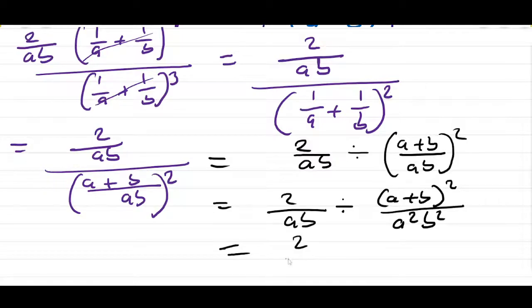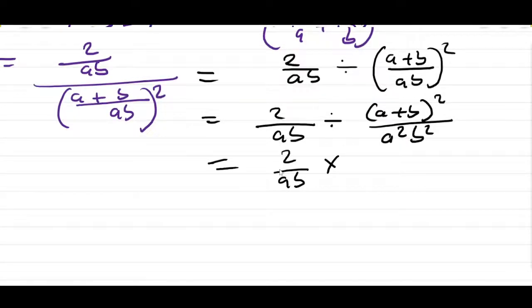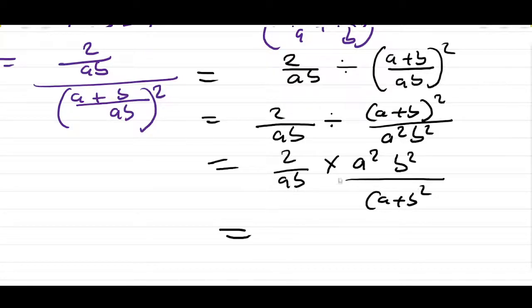Essentially the same thing as having 2 over ab, but then I'm multiplying it by a squared b squared all over a plus b squared, which is the same thing as, of course, one of the ab cancels out.